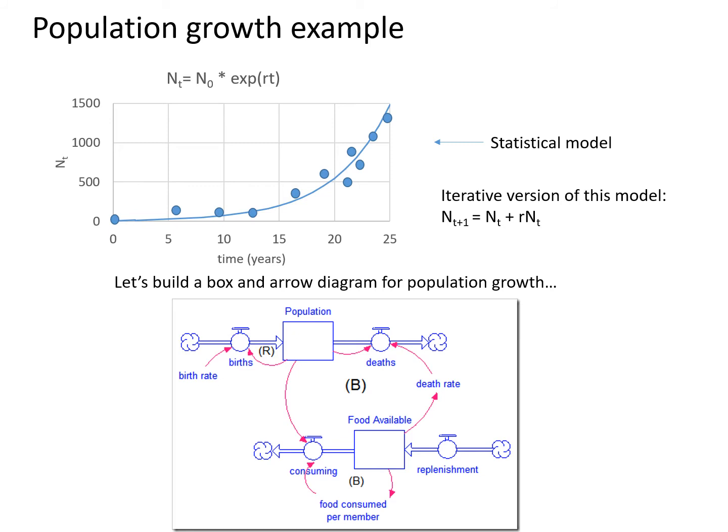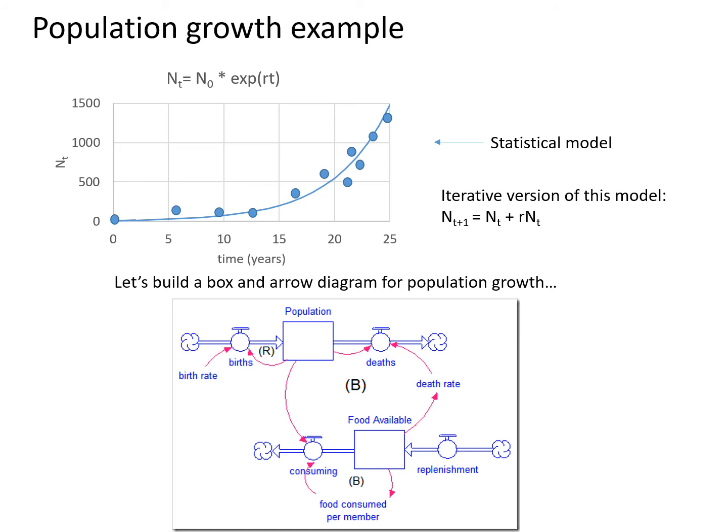And the rate at which food is going to be consumed is going to be a function of population from the top line, the food consumed per member, which is going to be some constant. I'm sorry, that's a function of the available food, and then that food consumed per member is going to go up into the consumption flow in the diagram out to the sink.